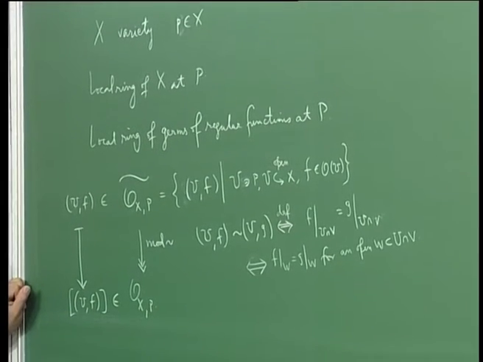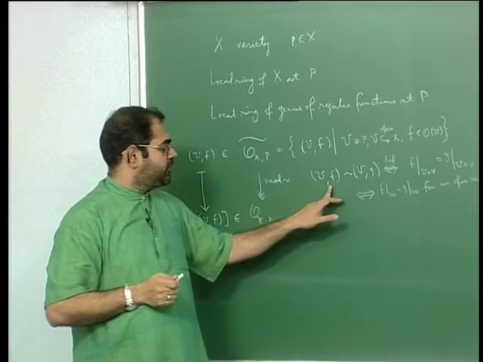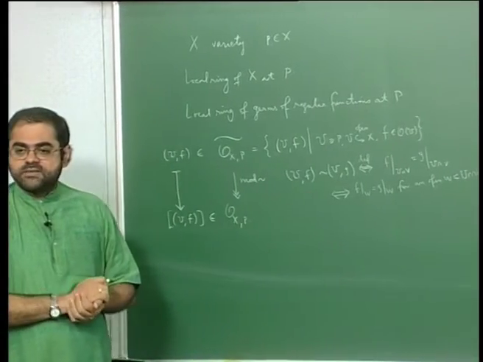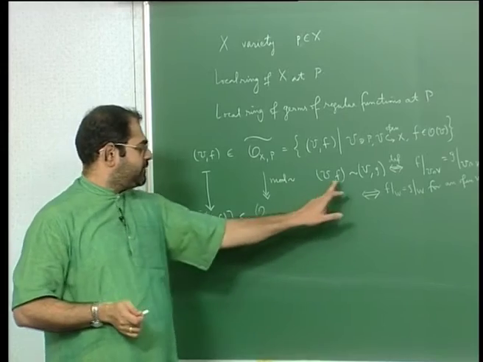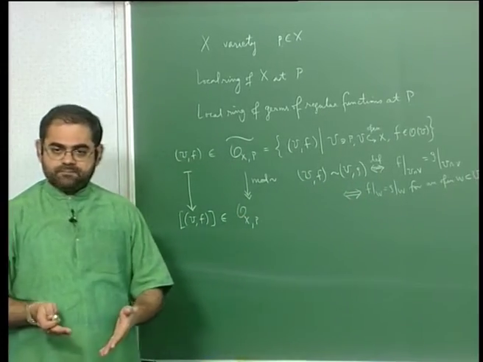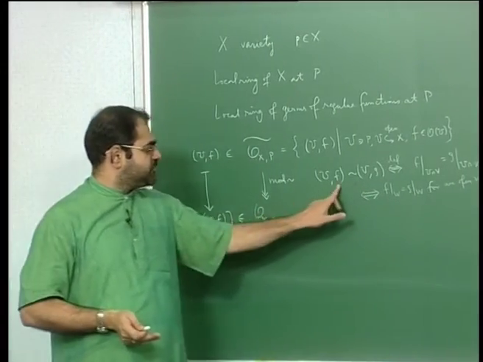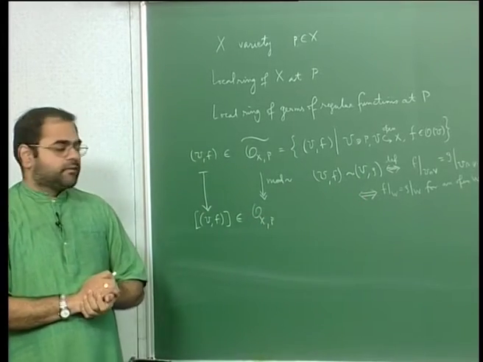Whenever a pair (U, f) is equivalent to a pair (V, g), then in the local ring they give rise to the same germ. The germ of f and the germ of g will be one and the same.